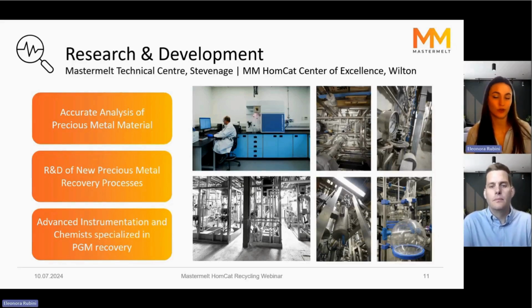And the goal is to create really a tailored solution for each material, particularly for those that are challenging both because of the complexity of the chemistry, but also because of the environmental concerns. So in the pictures, what you see here on the top left is a part of the lab of Stevenage, and then the other pictures are the facility in Wilton for scavenging and distillation.